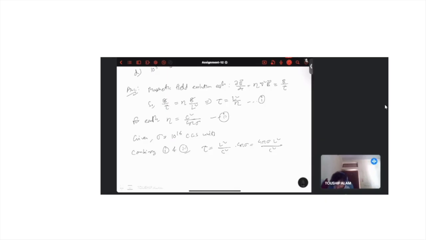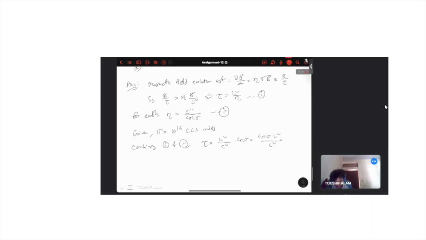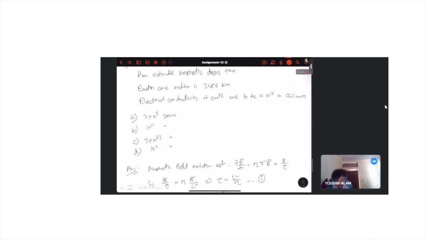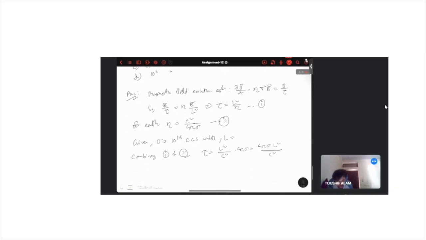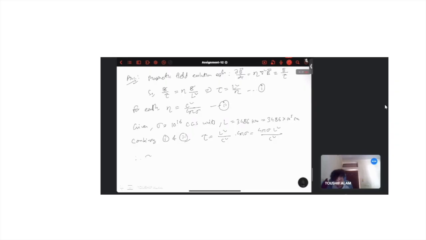The other constant c is the speed of light. Then L is given as 3486 kilometers. Per centimeter it is 10 to the power 5. So 3486 into 10 to the power 5 centimeters.